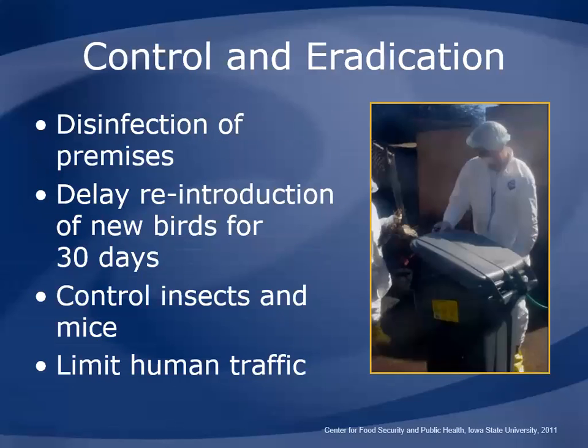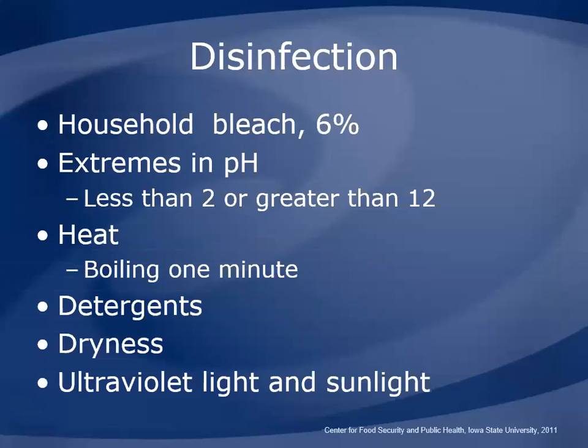How can we control and eradicate? First of all, disinfection of the premises is a must. Reintroduction of new birds should be delayed for 30 days. Control of insects and mice should be done, and human traffic should also be restricted.